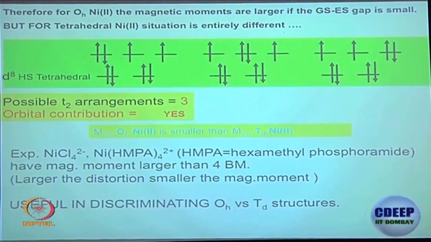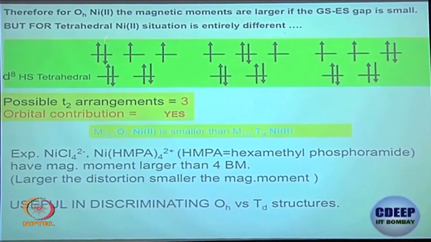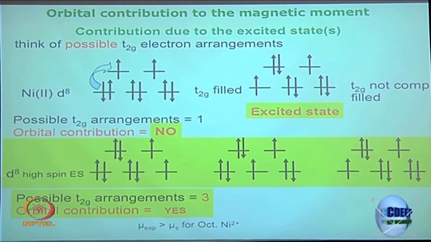Both of them are having 2 unpaired electrons. Here you have 2 unpaired electrons, here you have 2 unpaired electrons, right? Octahedral, tetrahedral, both of them are having 2 unpaired electrons. Experimentally, which one do you think will give you higher magnetic moment value?